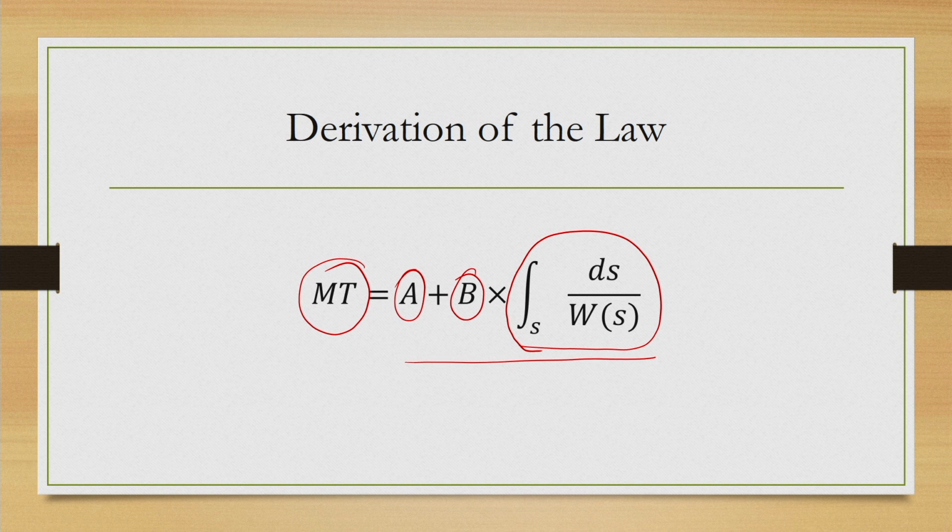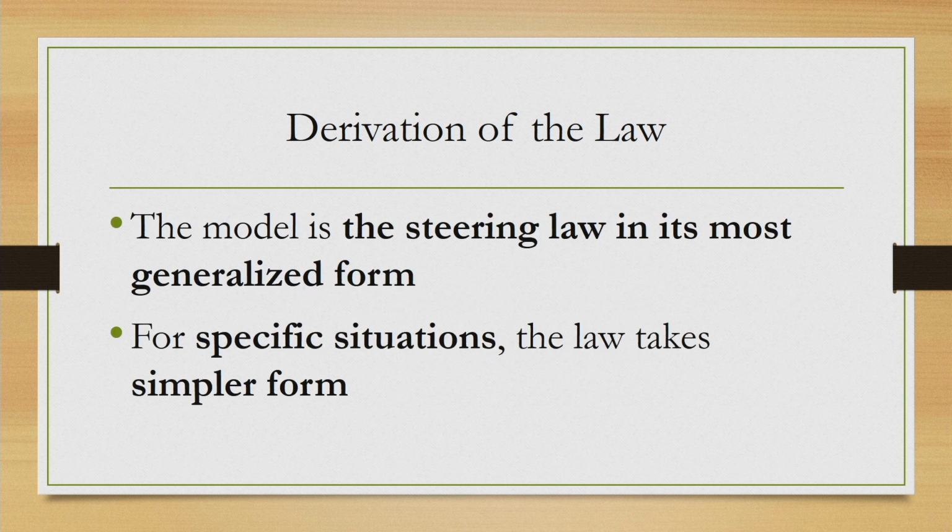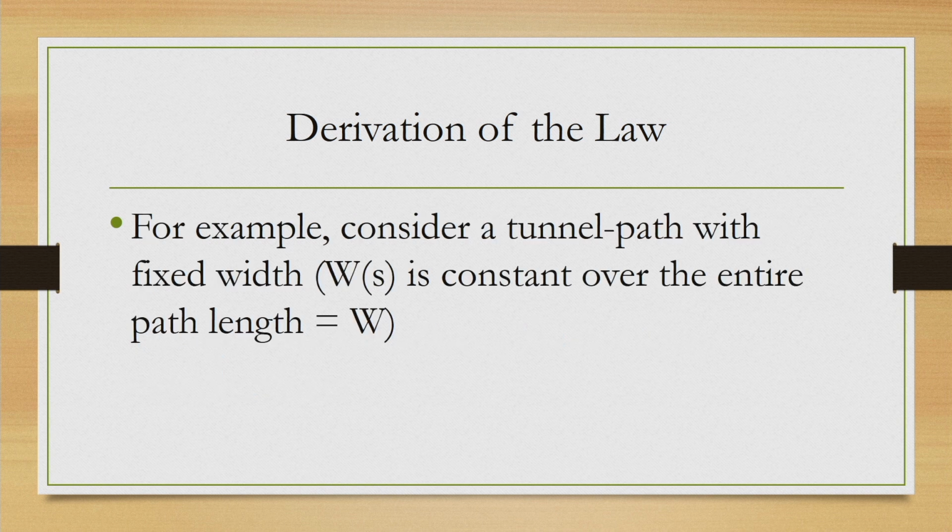Now, this model of movement time is the steering law model in its most general form. However, this need not be the case always. In specific situations, we may have a simpler form. For example, assume that the tunnel width for each segment remains constant.